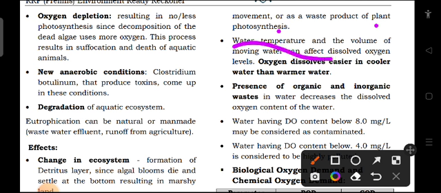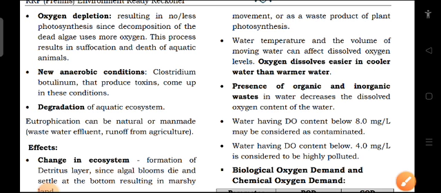Water temperature and the volume of moving water affect the dissolved oxygen level. Oxygen dissolves more easily in cooler water than in warmer water.